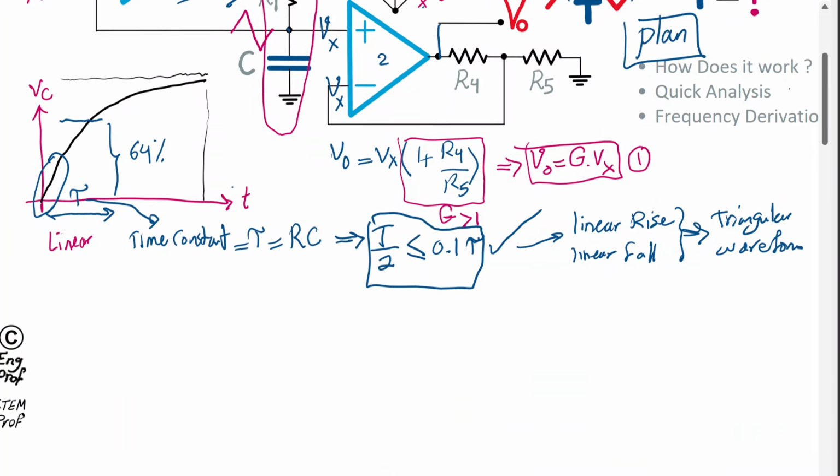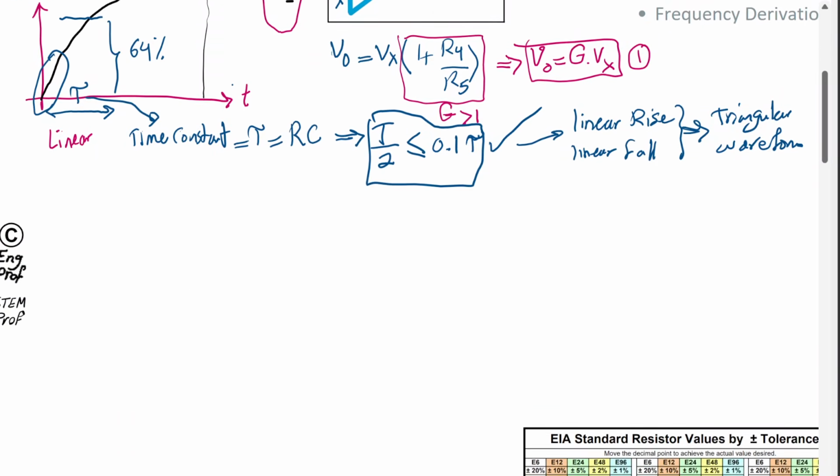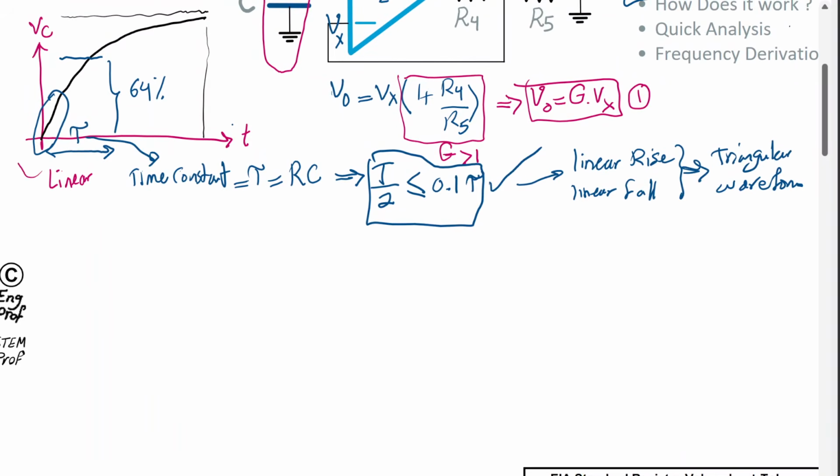Going back to the concept I just briefly mentioned, we are trying to utilize the near linear portion of the exponential rise of the capacitor voltage. Generally speaking, the voltage of this cap, as it's charging up, is equal to the final voltage, which is 8.2 volt if we let it get to the final voltage, plus the initial voltage.